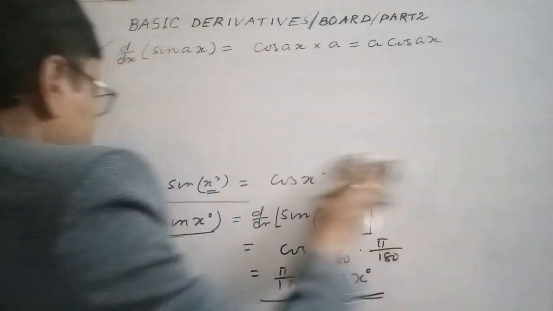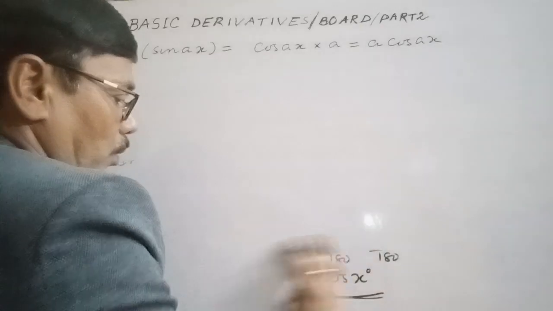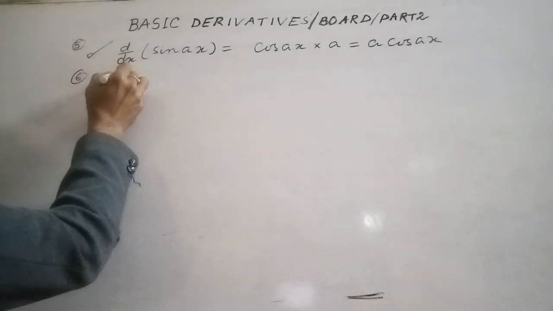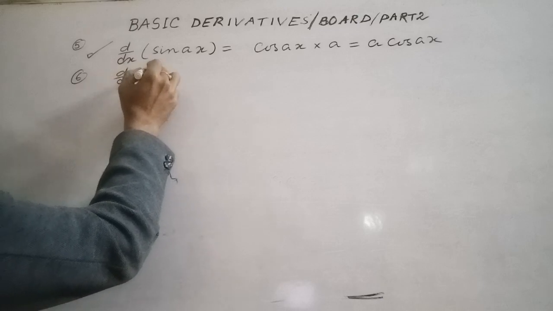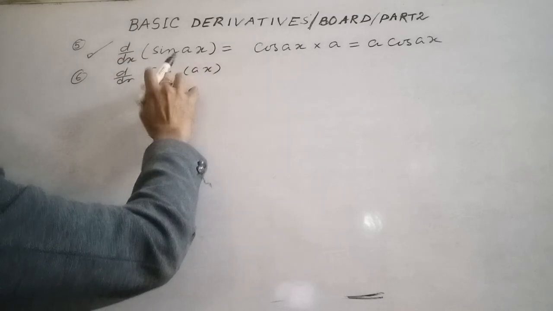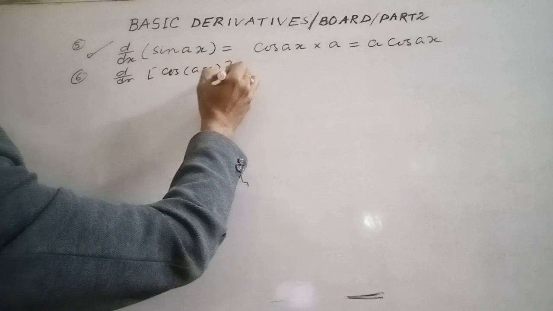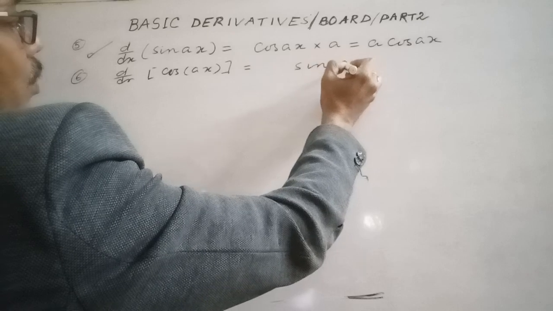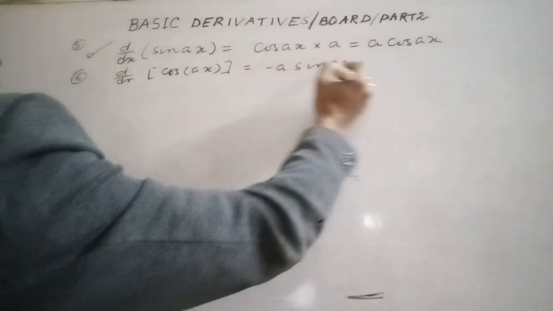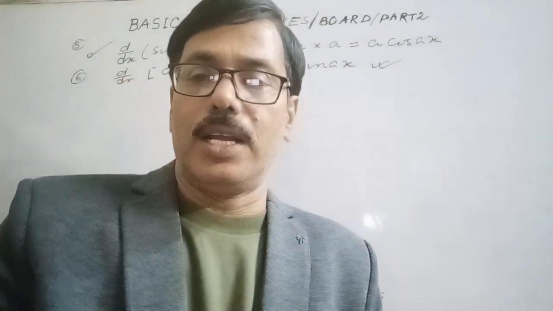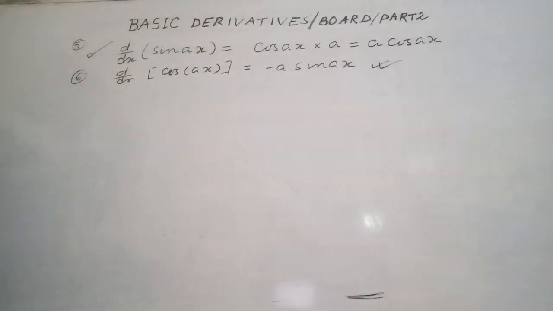Next, d dx of number 6 cos ax. Cos ax measured in radian, so sin ax into minus a, minus a sin ax.